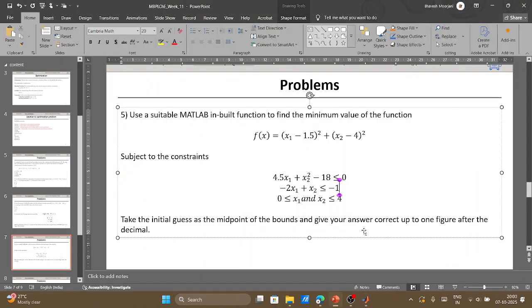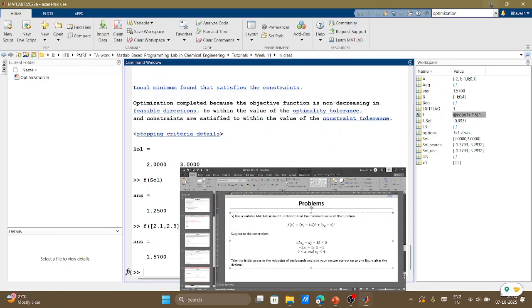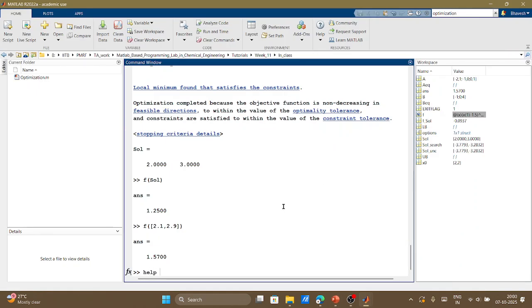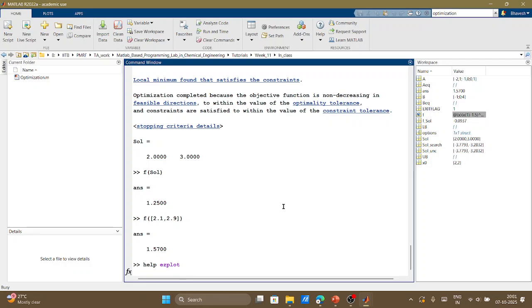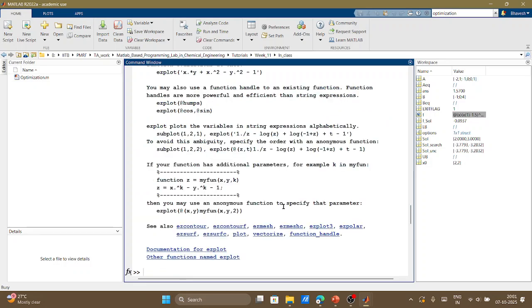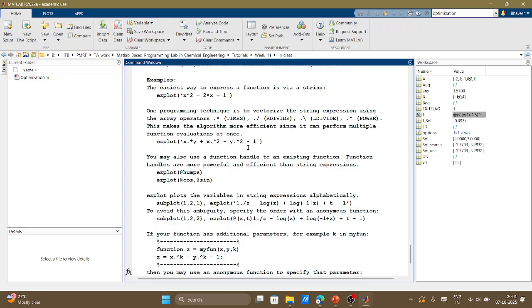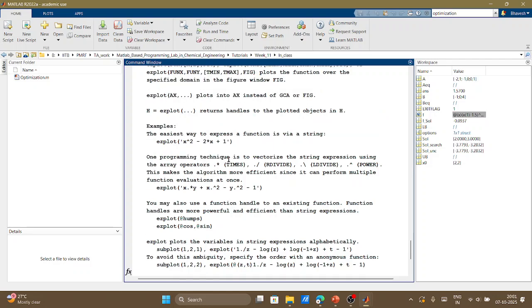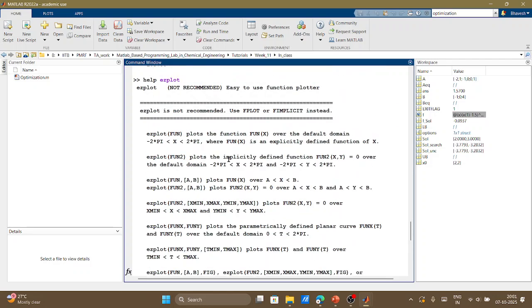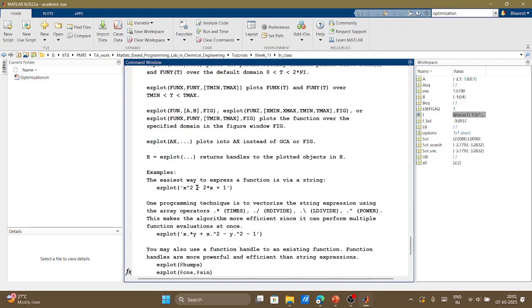So here you have this equation with you, right? We previously learned about the EZ plot, right, where you can use the functional form like this to plot your data.